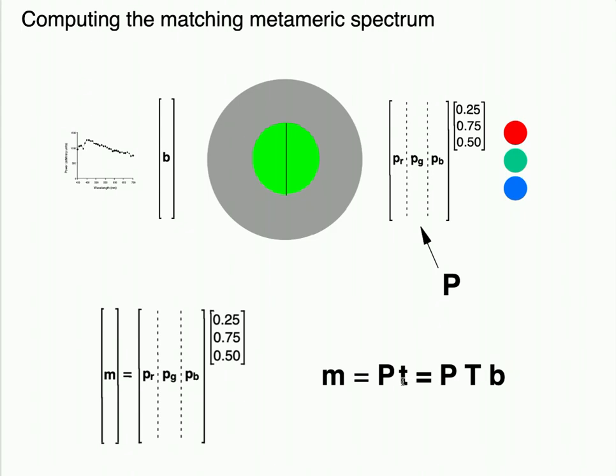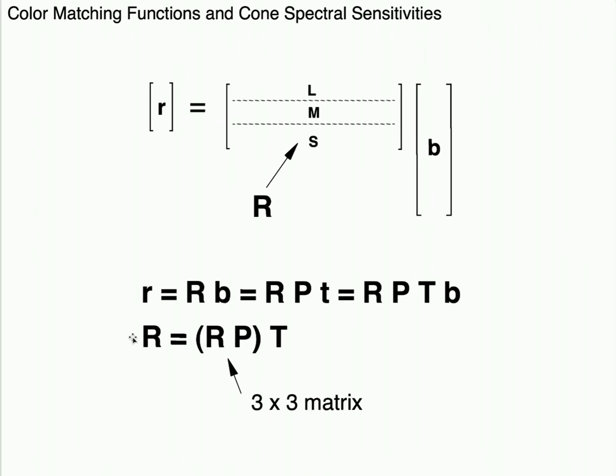Now I have this equation that says the cone excitations, which I get as R times B, also have to be equal to R times P times T times B. And this has to hold for any choice of vector B I put in here, because this is a general statement that we've derived above for the tristimulus coordinates and the receptor response excitations for any spectrum.